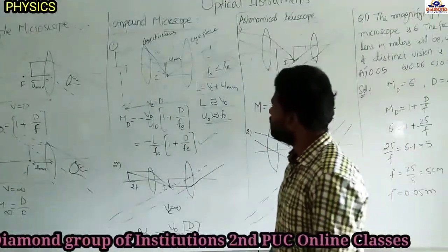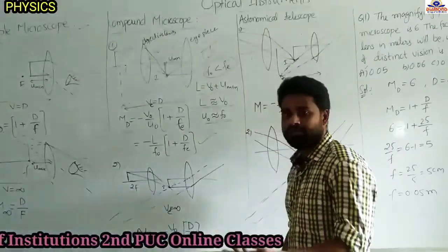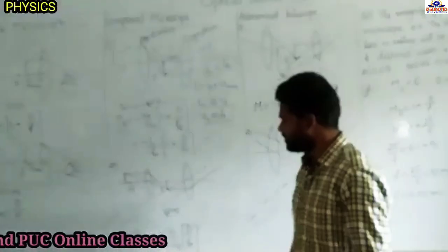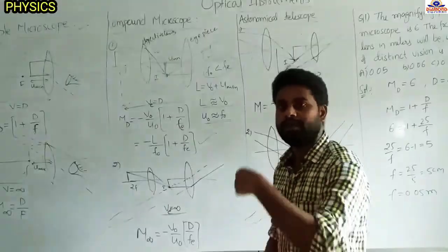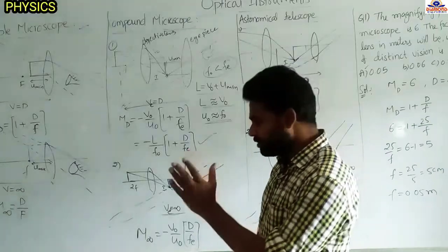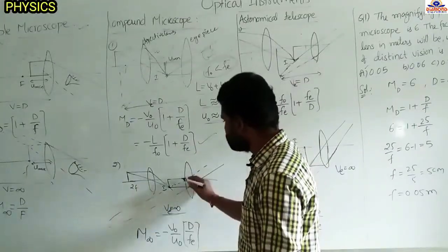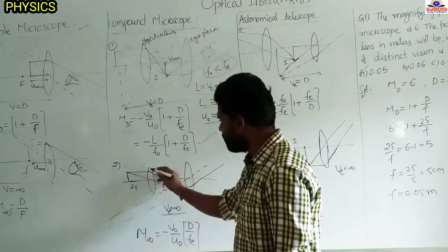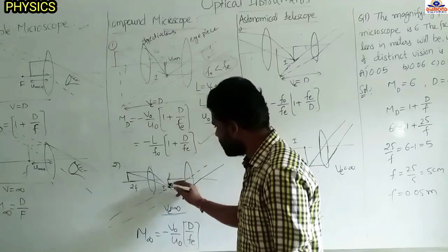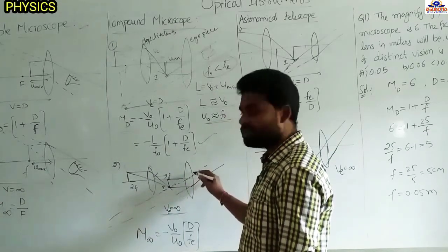In the next case, we are adjusting the eyepiece to form the image at infinity. To form the image at infinity, the object distance should be maximum. Maximum means the object should be in between the focus and optical center only, very close to the focus. This image from the objective lens is working as an object to this eyepiece.